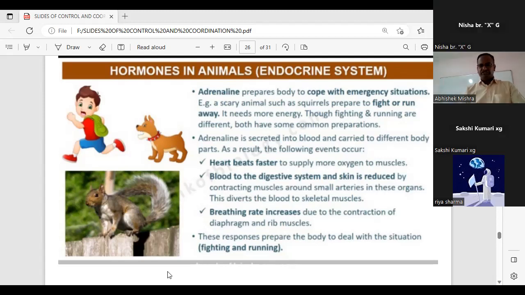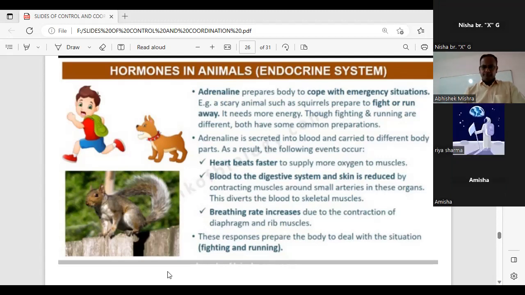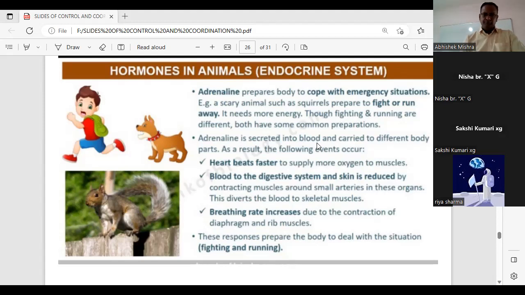What can you do? Okay, Nisha, very good, raised her hand. Yes, Nisha, unmute yourself. The first possibility is I will try to stop, and the second is I will try to run away. Yes, stopping means that you will try to fight, and either you will fight or you will run away.